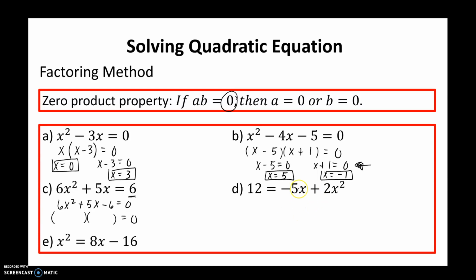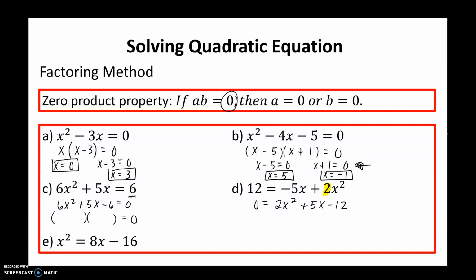Part D, we're a little bit rearranged here, but I would say as a rule of thumb, you always want to keep your squared term positive. So in order to get the equation equal to 0, I'm going to move towards the squared term. And I'm going to rearrange so it's in the form ax squared plus bx, and I had to subtract 12 from both sides.